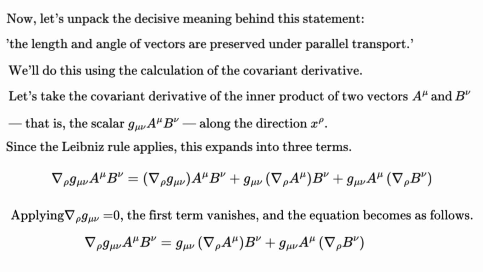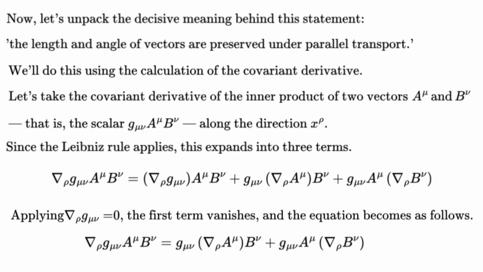Now let's unpack the decisive meaning behind this statement. The length and angle of vectors are preserved under parallel transport. We'll do this using the calculation of the covariant derivative. Let's take the covariant derivative of the inner product of two vectors a mu and b nu, that is, the scalar g mu nu a mu b nu, along the direction x rho.